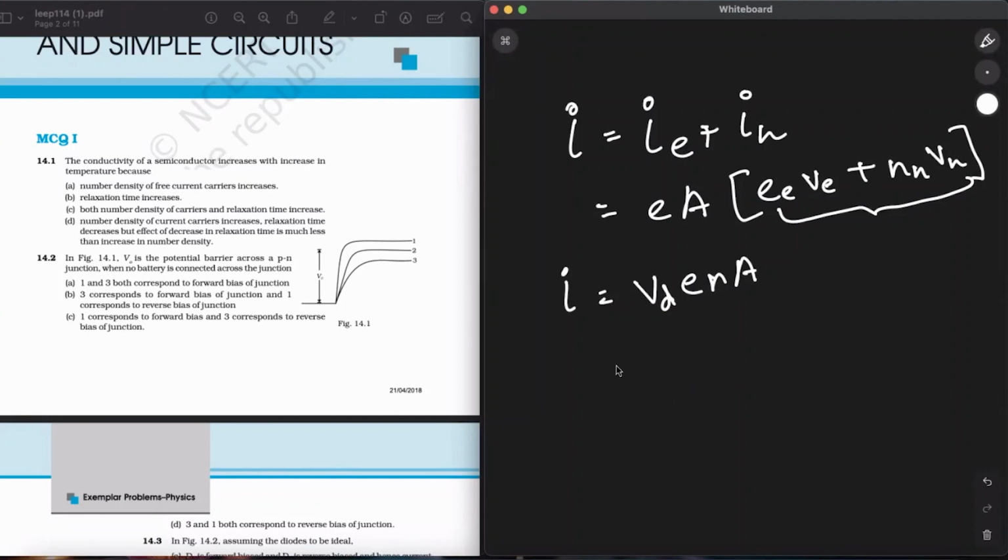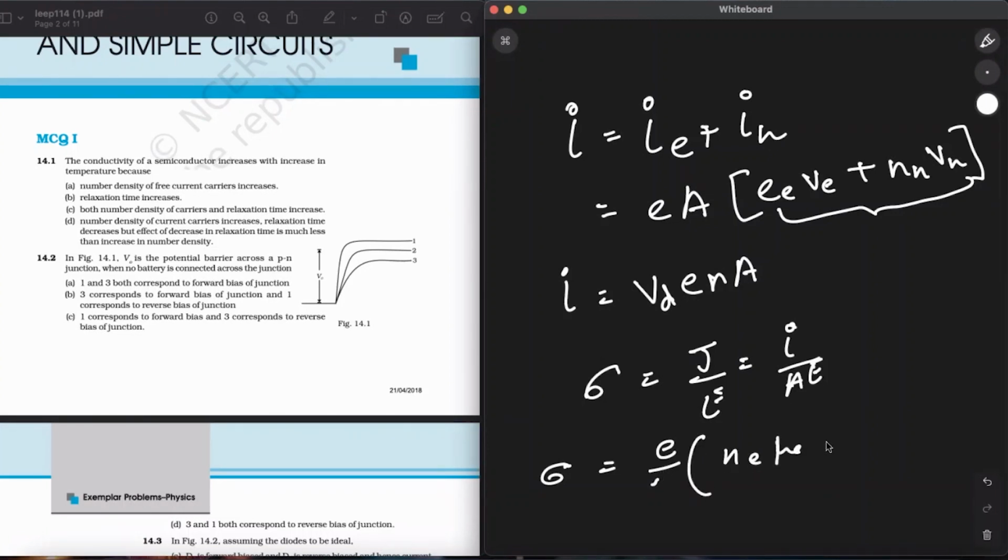Now as we know that sigma is equal to J by E, that means I upon A E. The conductivity of a semiconductor will be sigma, where I put I as A times the drift terms, divided by A E. So it will be e upon E, and sigma will be e times (n_e mu_e plus n_h mu_h). Here v_e will be the drift velocity of electrons, v_h will be the drift velocity of holes, and E will be the applied electric field.